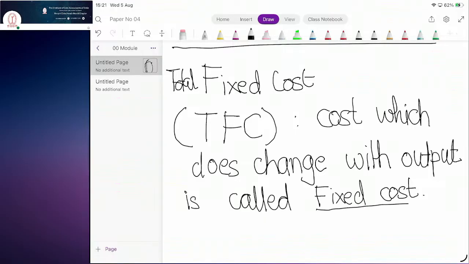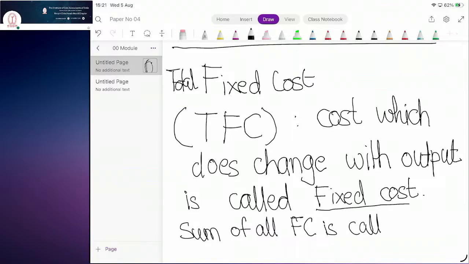Okay, and write sum of all the fixed cost is called total fixed cost. Okay.